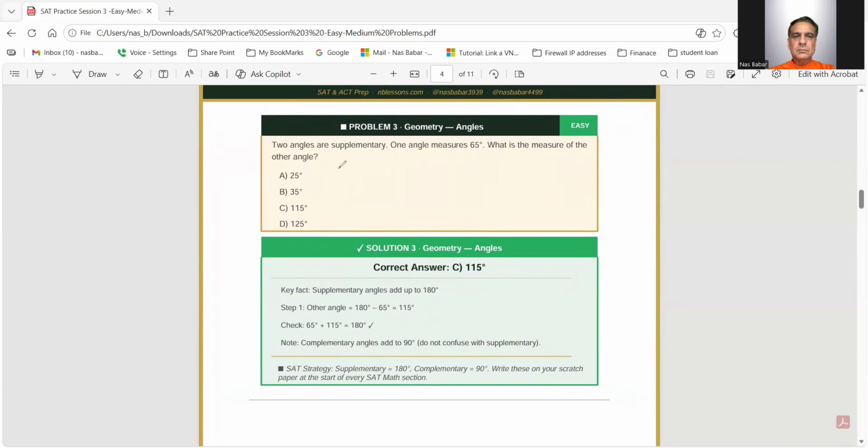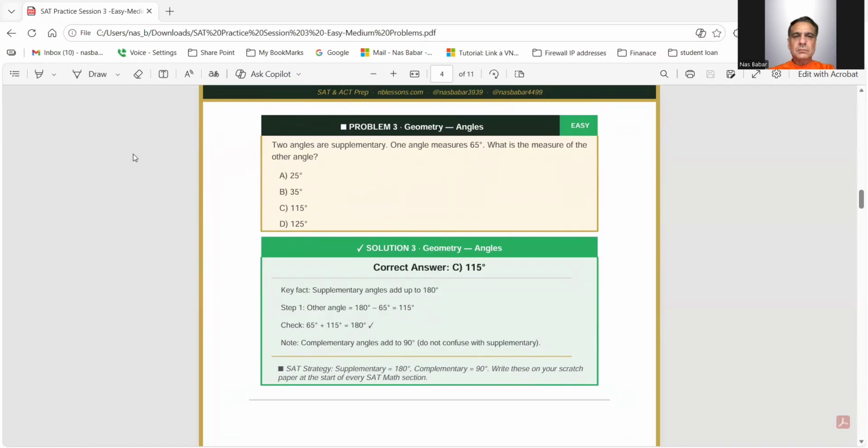So then what you do is you take 180 minus 65. Like I said, you should be able to do that right away in your head. So 180 minus 65 is 115. So then this is the answer. Let's go ahead and move on to the next one. Go ahead and clear the board.